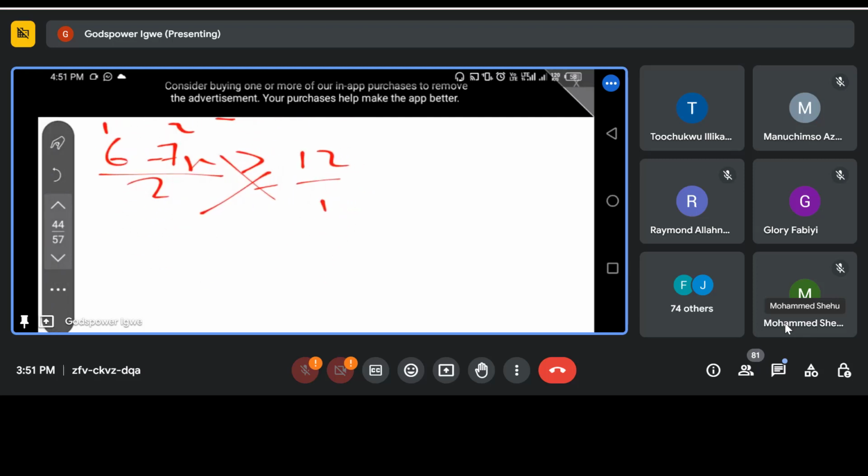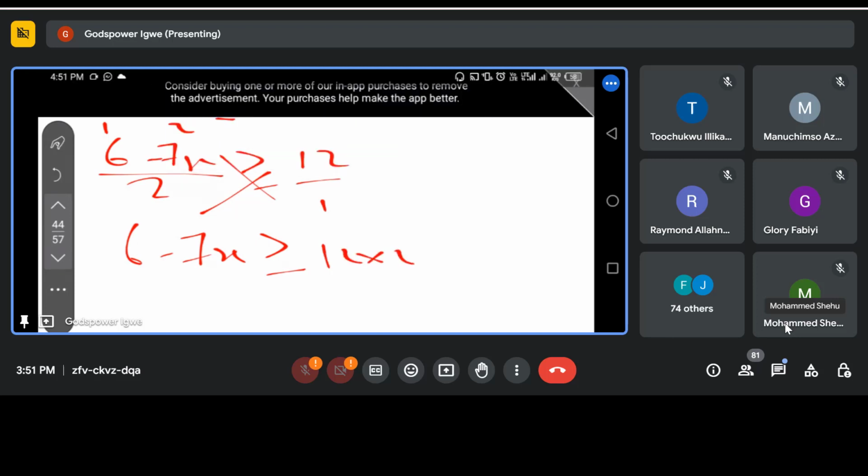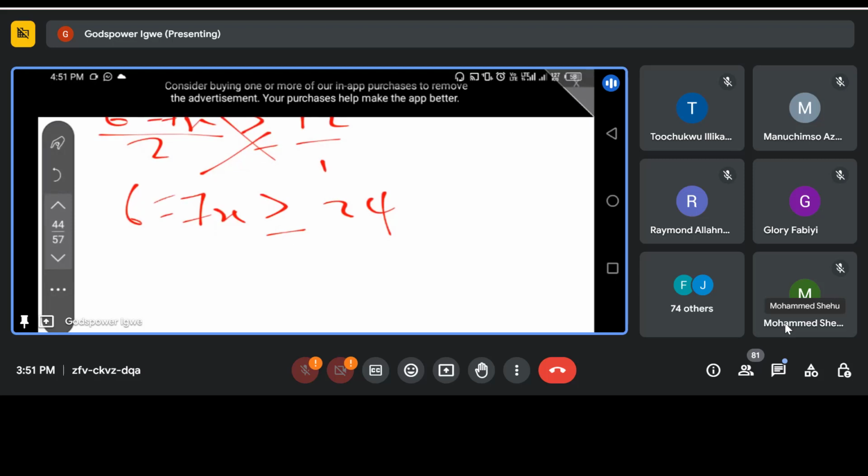This is also over 1. If we do cross multiplication here, this is now going to be 6 minus 7x times 1, which is still the same thing, greater than or equal to 12 times 2. 12 times 2 is equal to 24. So you're going to have 24 here.